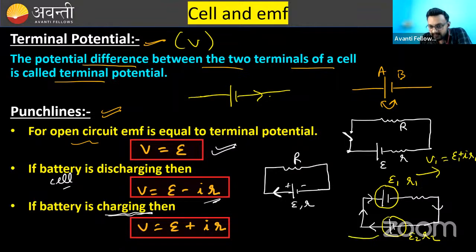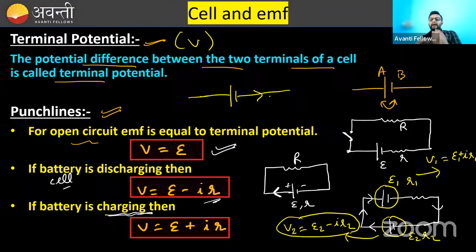And for this cell, which is discharging, you will write its terminal potential as V2 equals E2 minus IR2. Is it clear now? We need to write the terminal potential separately, this for the first cell and this for the second cell, and in both cases you need to identify which is charging and which is discharging. I think it is clear now.